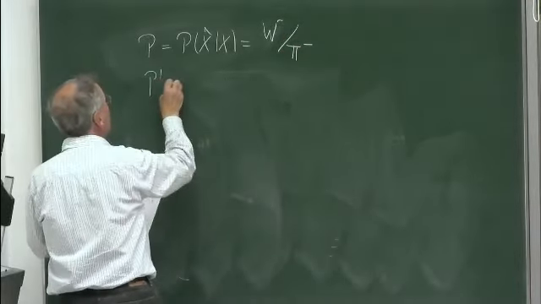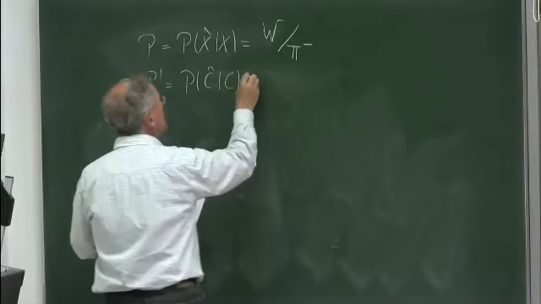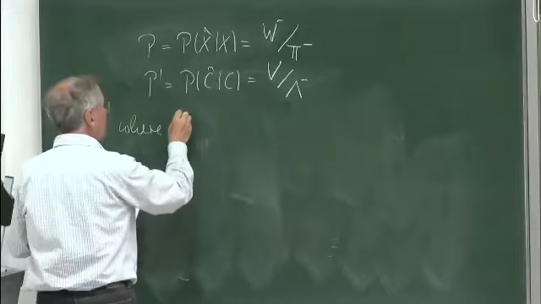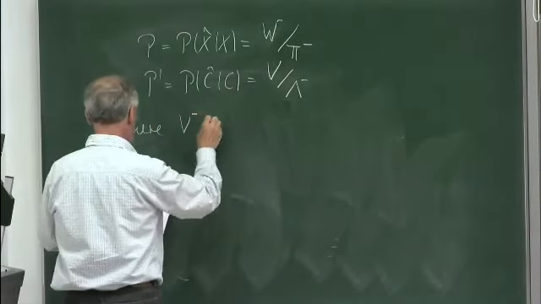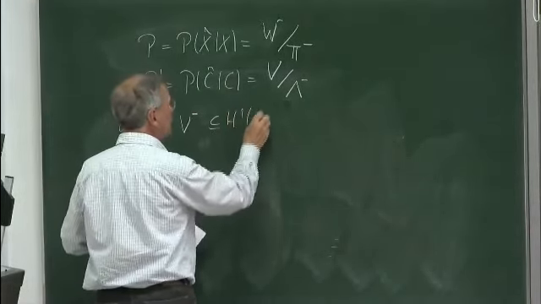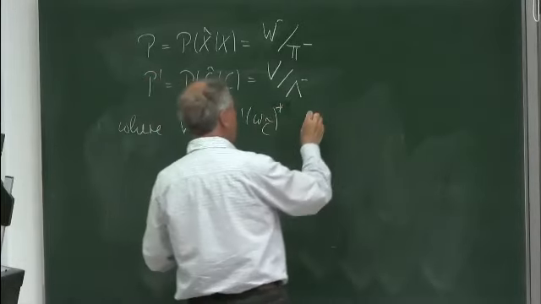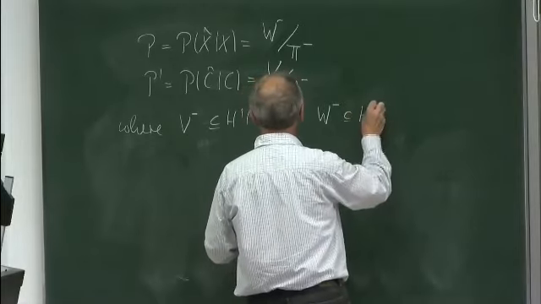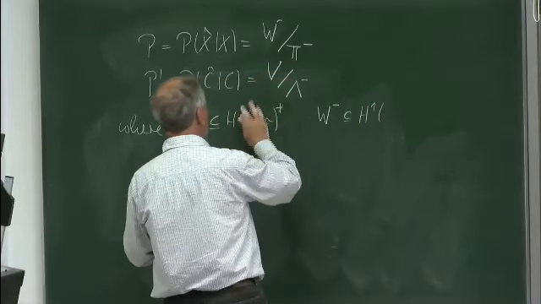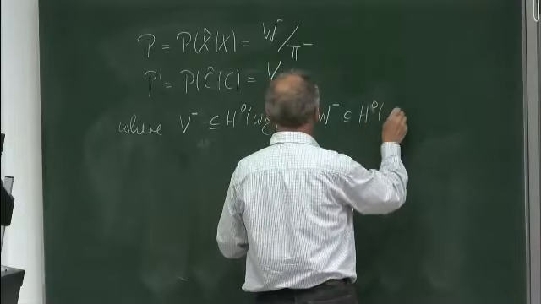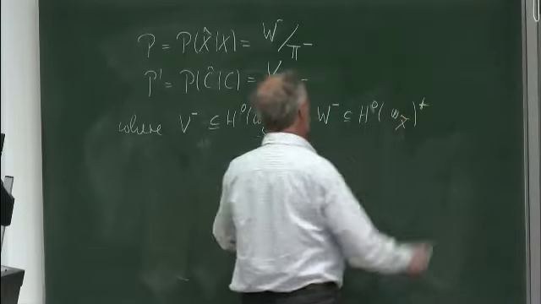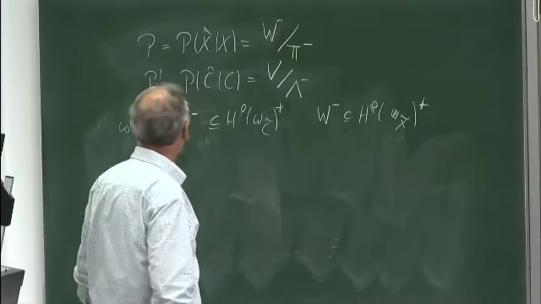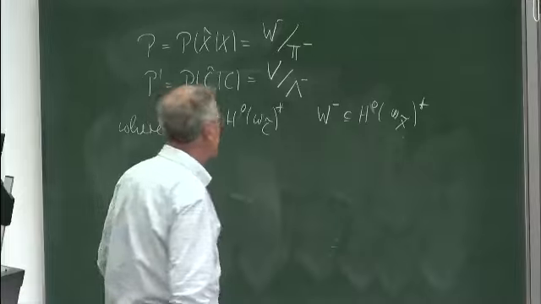And similarly P prime, P of C tilde over C, which is V minus modulo lambda minus, where V minus is a subvector space of H0 of omega C tilde dual, and W minus is a subvector space of H0 of omega X tilde dual. It is exactly the minus one, the anti-invariant part under the involution.